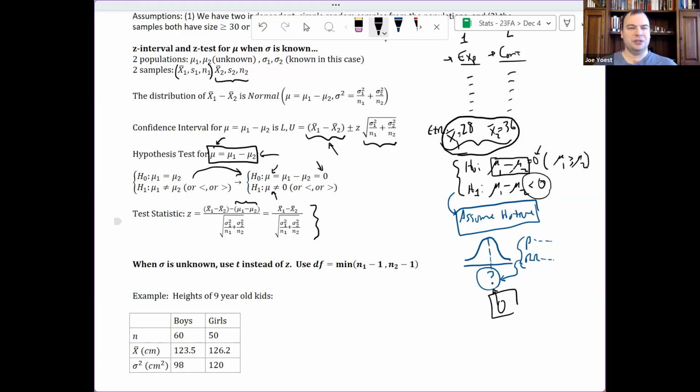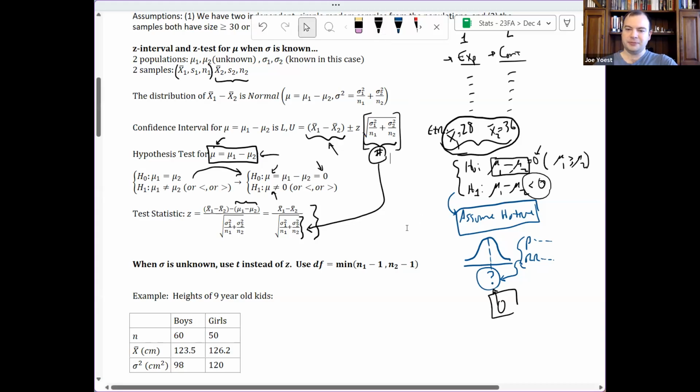The denominator looks a little messier than it did before, but if you just compute this as a number, plug that number in here. If you do this computation outside of the fraction, it's just the number that you're going to be dividing x bar 1 minus x bar 2 by. So it looks messy. It's not that bad, though.